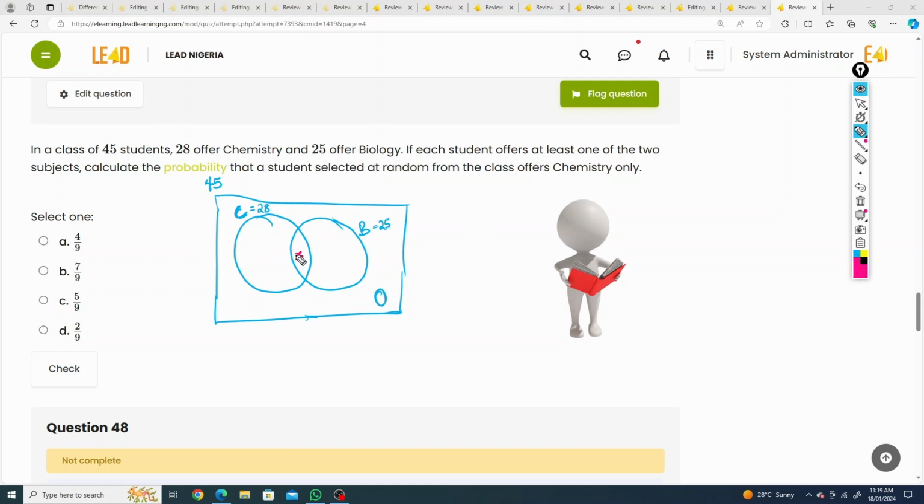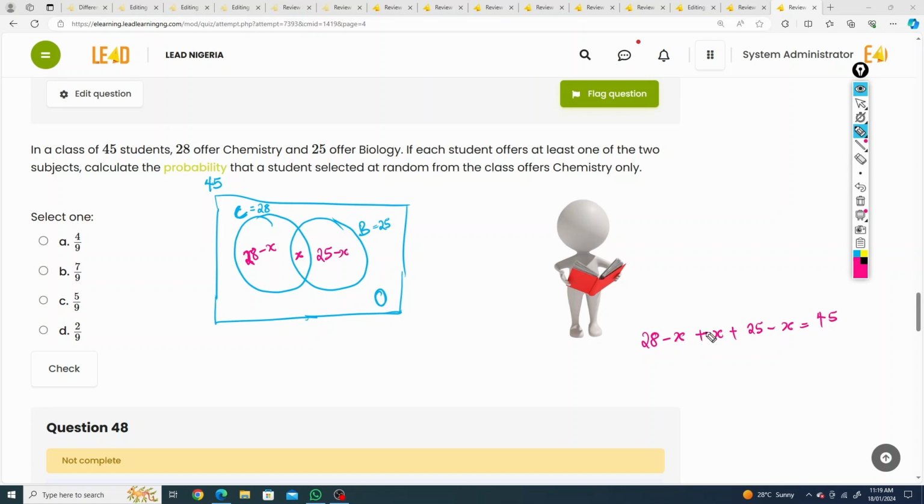That means the number of students that offer chemistry alone will be 28 minus X, and biology alone will be 25 minus X. So we can total all of that: 28 minus X plus 25 minus X is equal to 45.